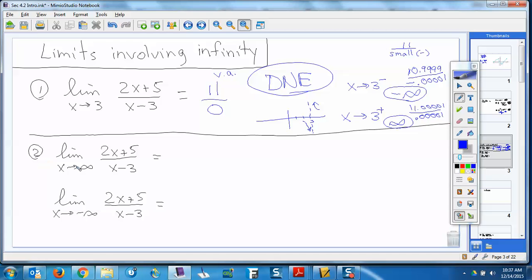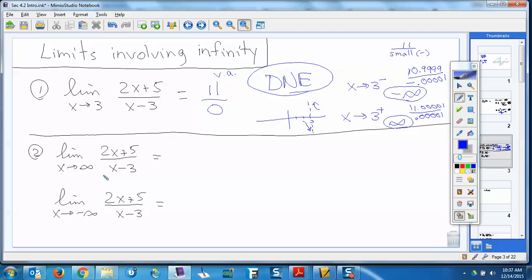But now, the second way that infinity gets involved is as x approaches infinity. Now that's a whole new ballgame because we haven't done that before, okay? So let's talk about this. First of all, you cannot go from the left and the right of infinity, right? So this is a whole different question.